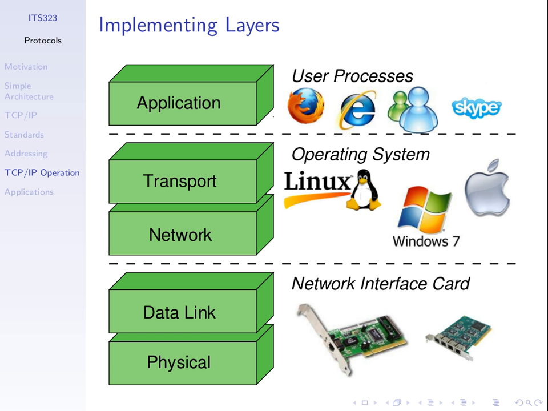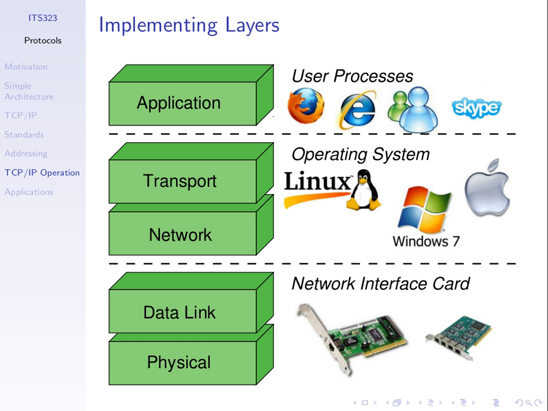The transport and network layer are normally part of the OS. So when you have an OS on your computer, it includes some software for TCP, IP and other protocols within these 2 layers. That's part of the OS. The normal end user normally doesn't have any control over them. No need to. That's part of the OS to manage them.